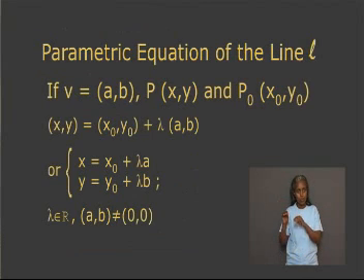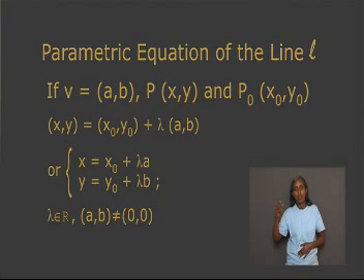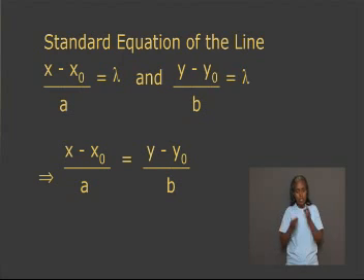Students, this system of equations is called the parametric equation of the line L. P0, whose direction is that of the vector V, is called a parameter. If A and B are both different from 0, the standard equation of the line applies. These are the vector equations of a line, students.